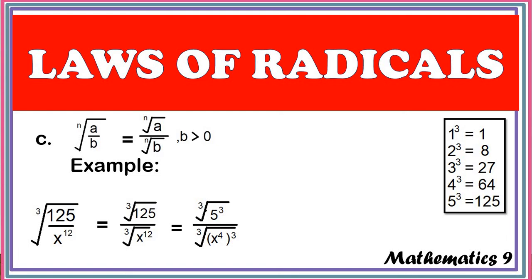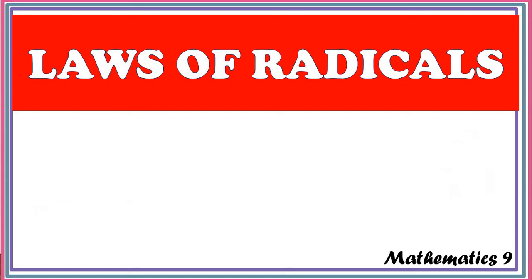Siyempre, yung 3 and 4. Bakit kailangan kaparehas ng index sa labas? Kasi, para makancel natin. Okay? So, magkakameron na lang tayo ng final answer na 5 over x raised to 4. So, kung ano yung index mo sa labas, yun yung kukunin mong factor nung magiging exponent mo para magkameron ka ng cancellation.